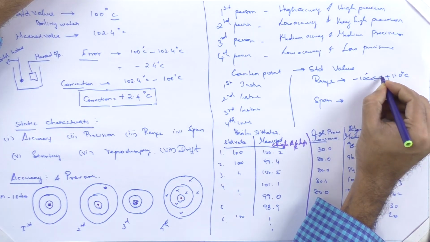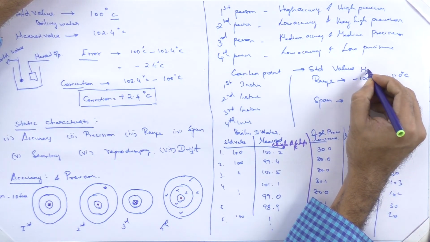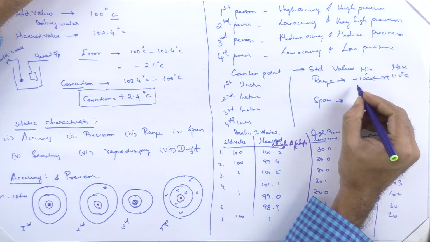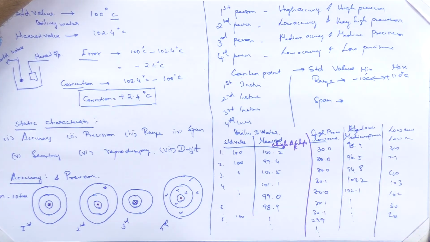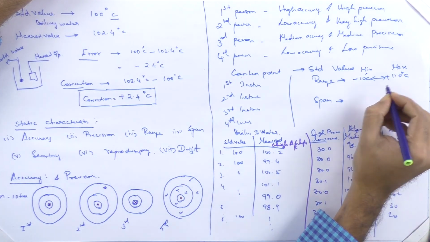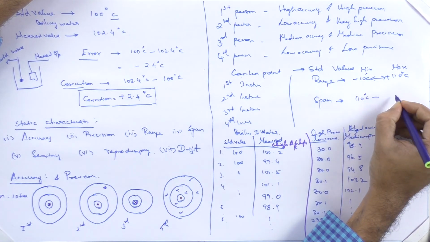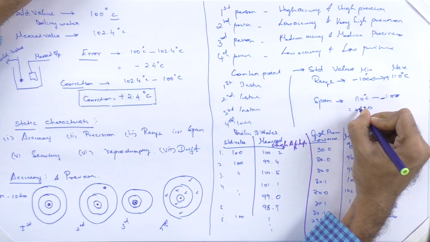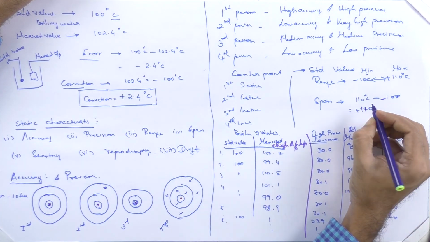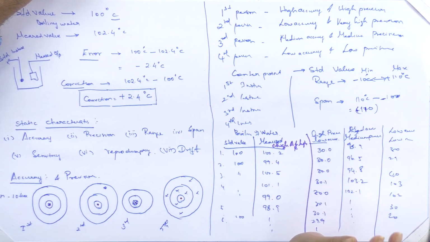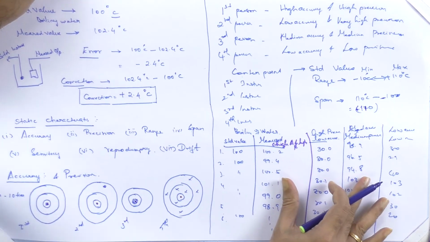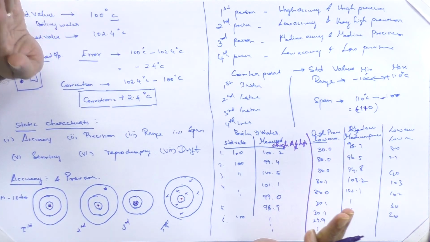This is your range, from the minimum value to the maximum value, that is -10 degrees centigrade to 110 degrees centigrade. And the span is your maximum value minus the minimum value. So the span is 110 minus (-10), which is 120. The range is minimum to maximum, and the span is the distance that it can measure: the maximum minus the minimum.